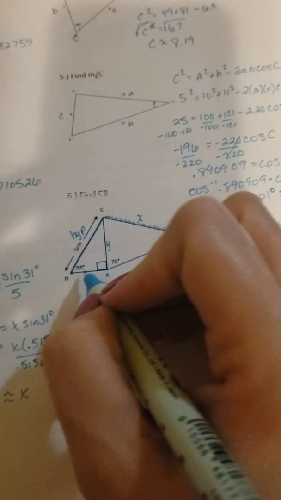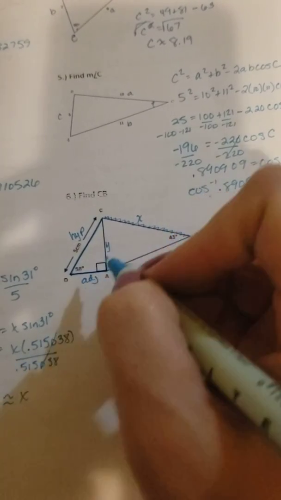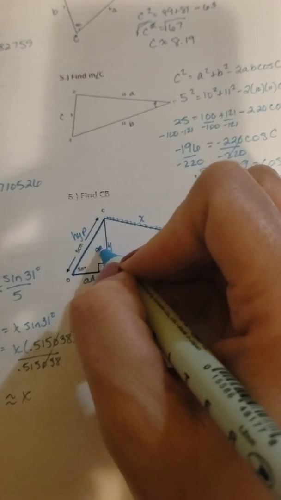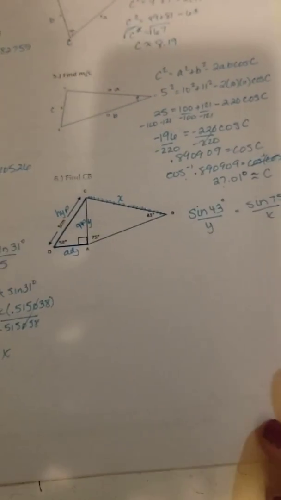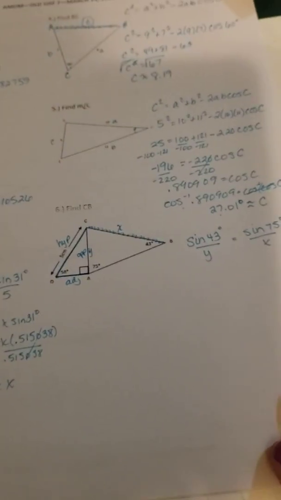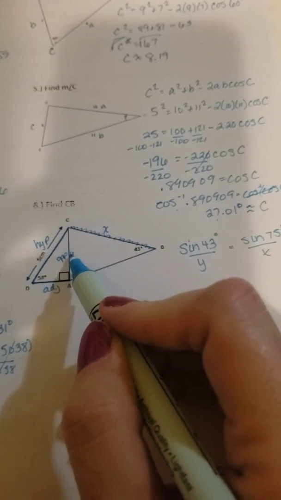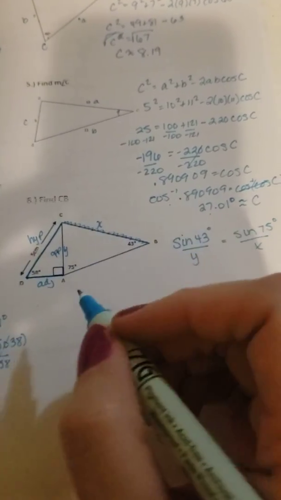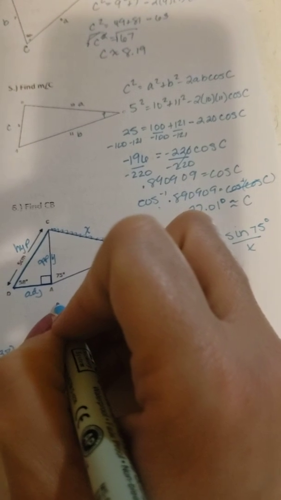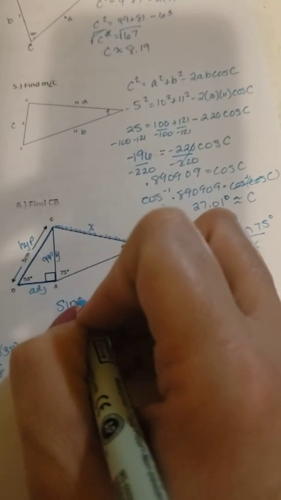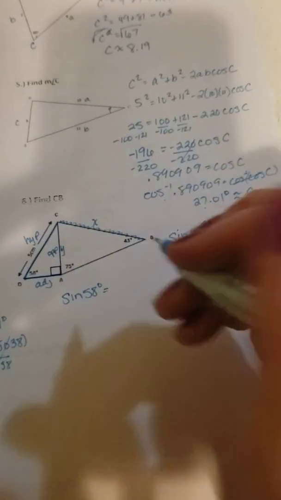This would be the adjacent side, which means Y would be the opposite side. So I could actually figure that out, I think. Okay, so I want to know the opposite. I have the hypotenuse, that's sine. So off to the side here, sine 58 degrees equals Y over 5.